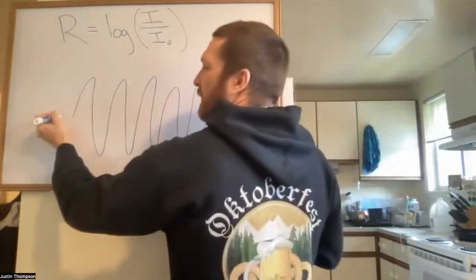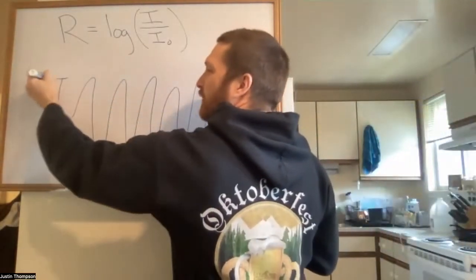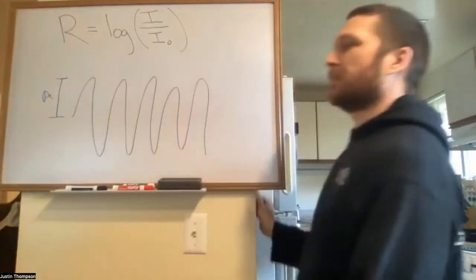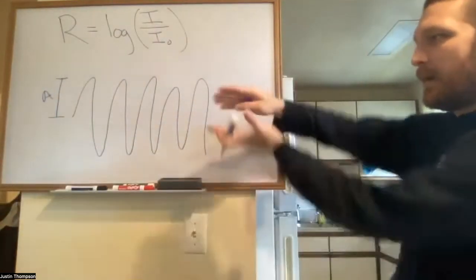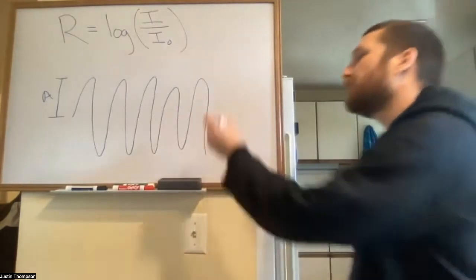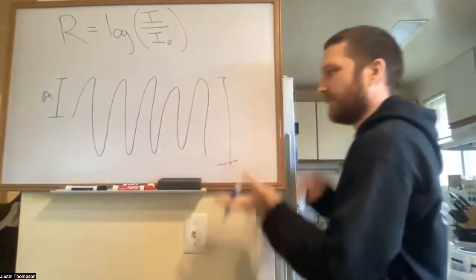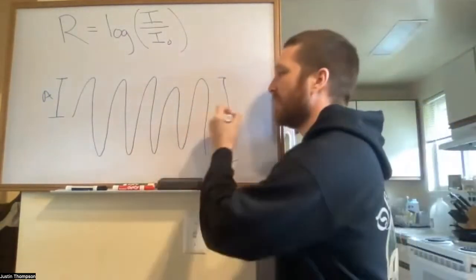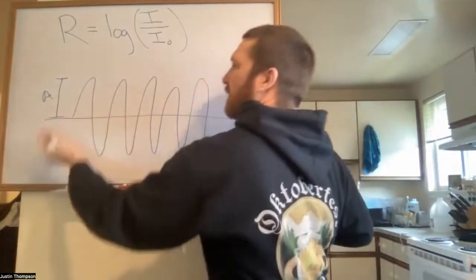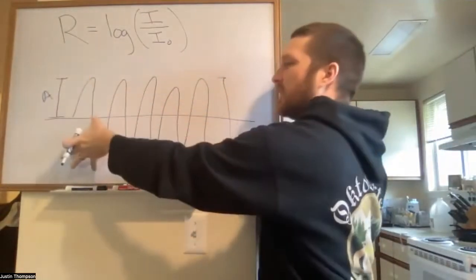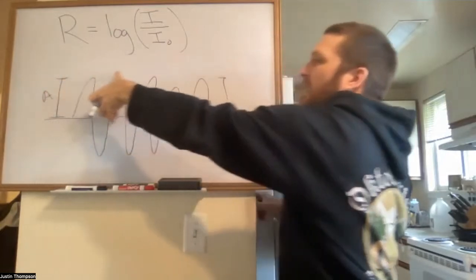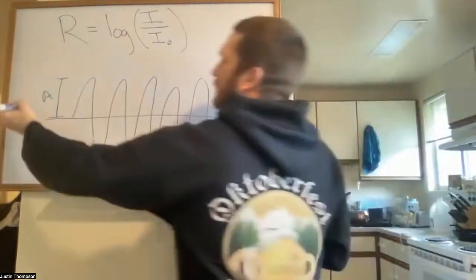What we're talking about, the intensity, is the amplitude of that wave right there, how big it is from the center. You could define amplitude totally that way, but the way we define amplitude is from the center: how high does it get, how low does it get? That right there is actually the intensity.